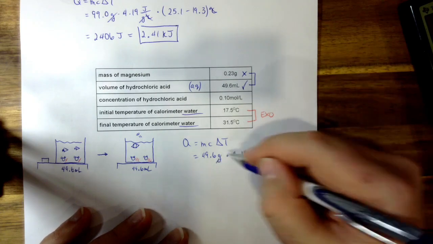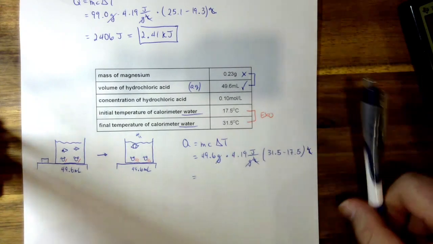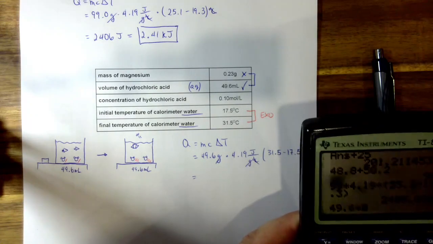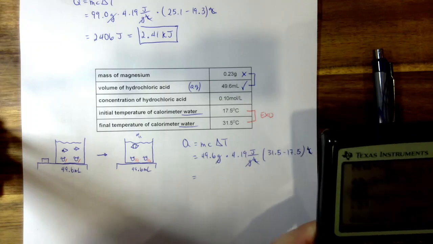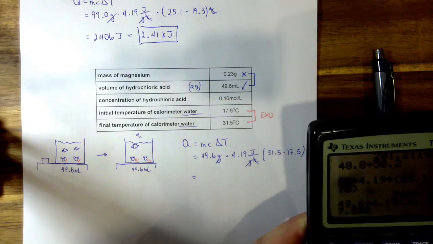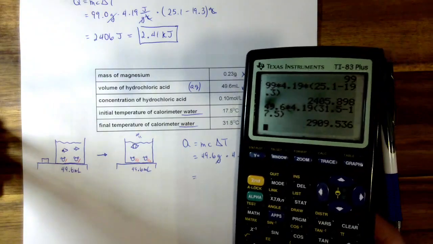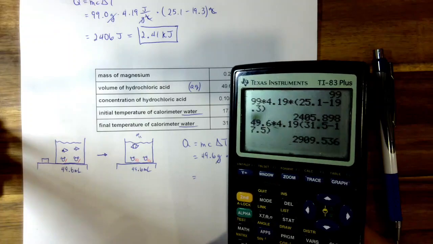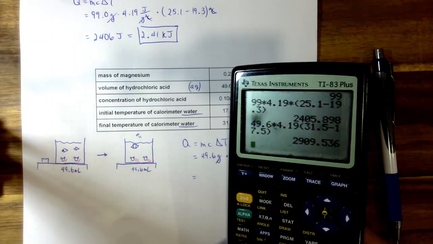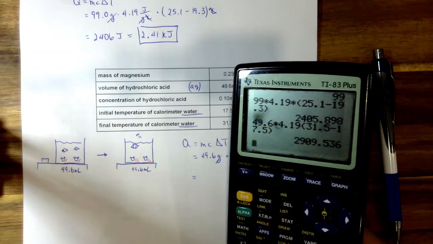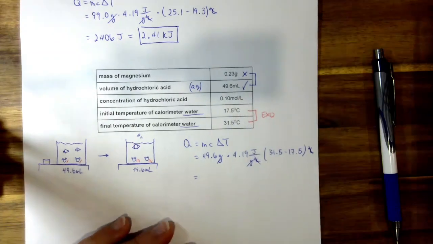Celsius cancel Celsius, grams cancel grams, and I'm left with my answer here. 49.6 times 4.19, bracket, 31.5 minus 17.5, close bracket. So this time, I've got 2,909.536. I'm going to round that to 2,910. And I'm really going to change that to 2.91 kilojoules.